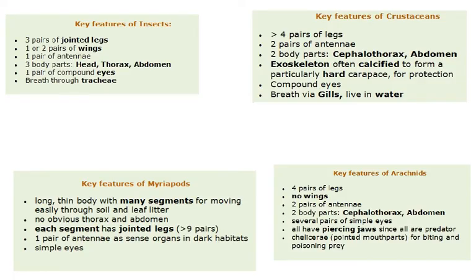Now, let's do a comparison. Three pairs of jointed legs, more than four pairs of legs, four pairs of legs, each segment has jointed legs, more than nine pairs. Then next, let's do another one. One or two pairs of wings.